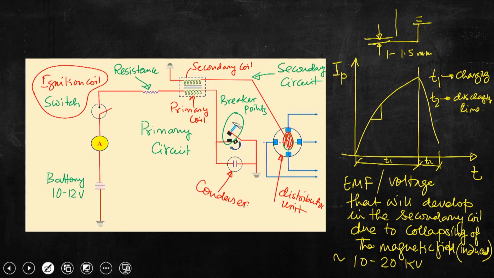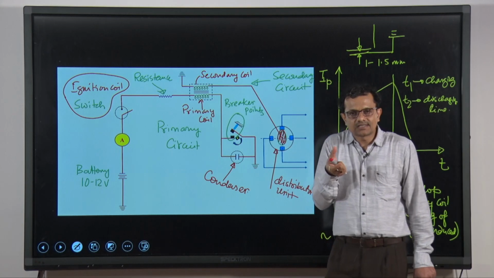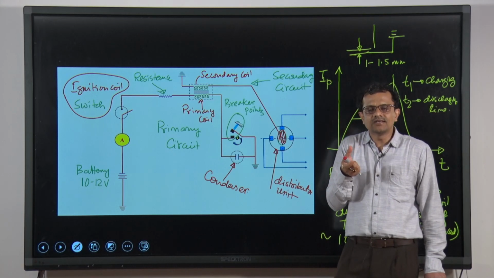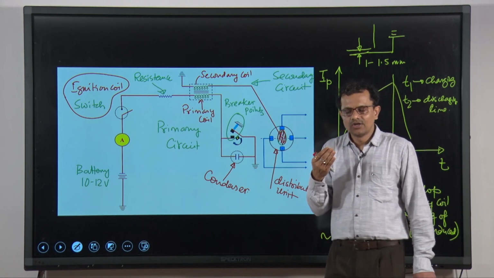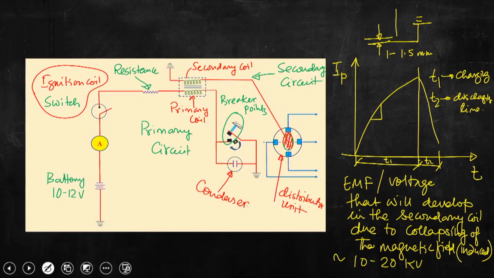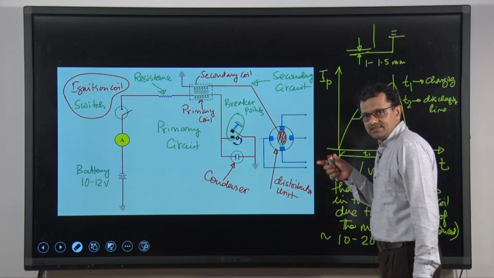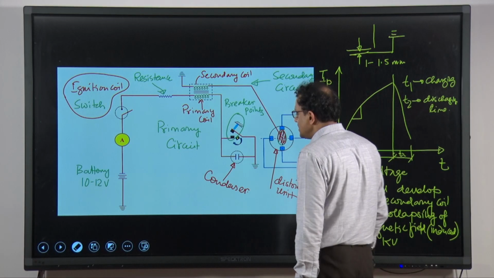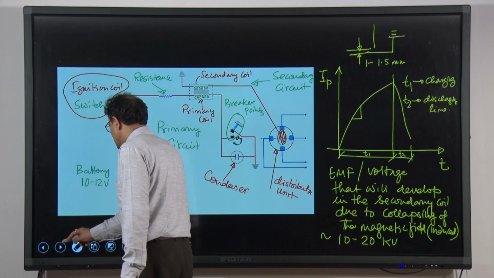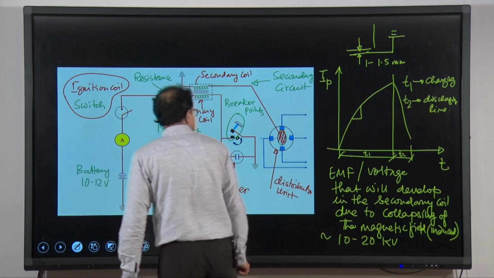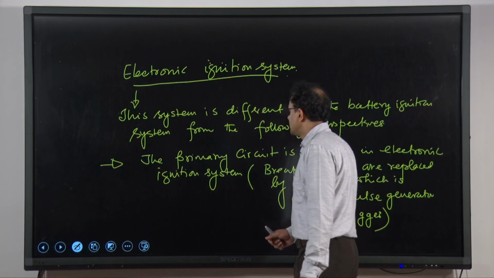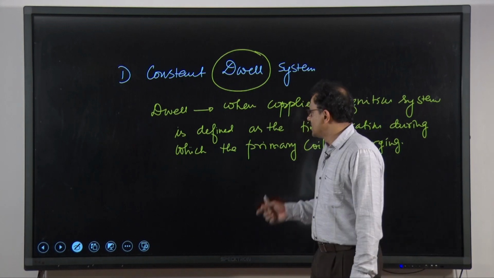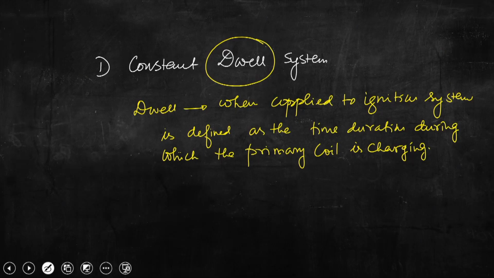I can't say discharging time, because when the magnetic field collapses, there is still some current flowing in the primary circuit and charging the condenser. So, T2 I should not write as the discharging time. This charging time is very important, and as I have written over here, that is the dwell time. That is basically the time needed for charging the primary coil.